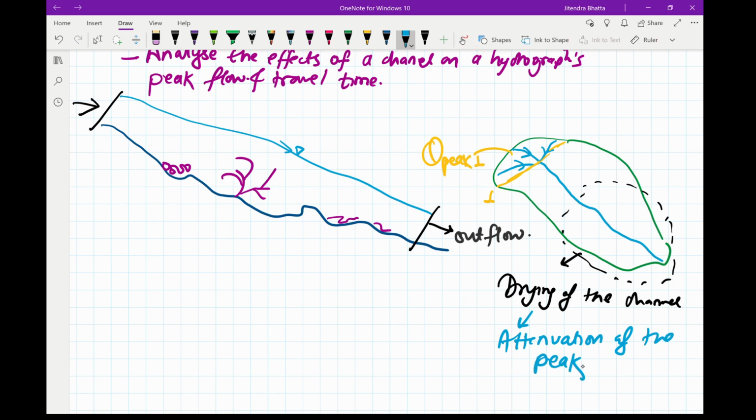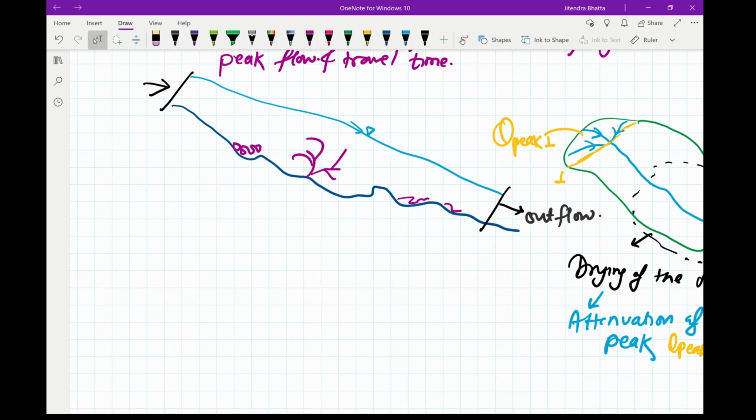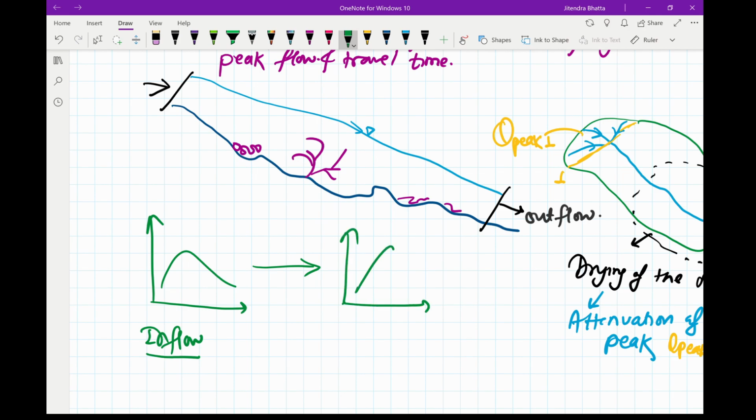So here your Q peak 2 may be less than Q peak 1. In such a channel, if you are provided an inflow hydrograph, then your objective would be to find the outflow hydrograph.